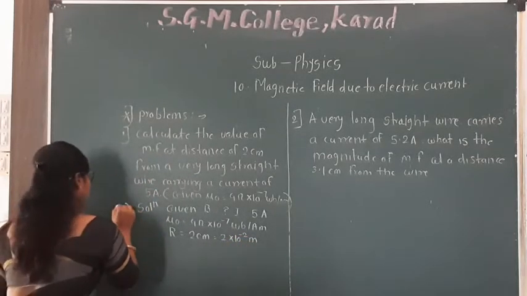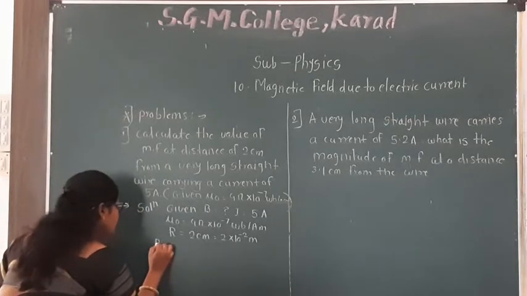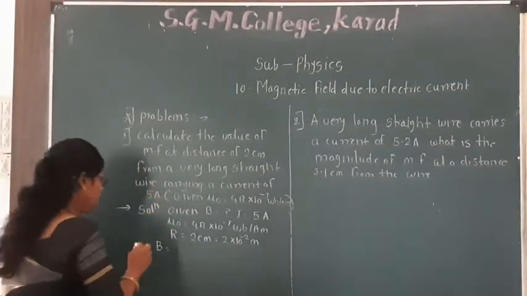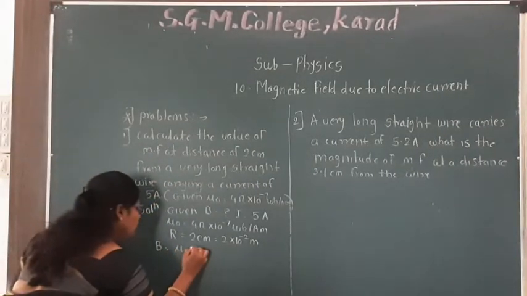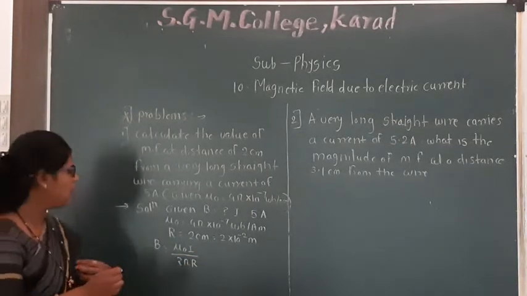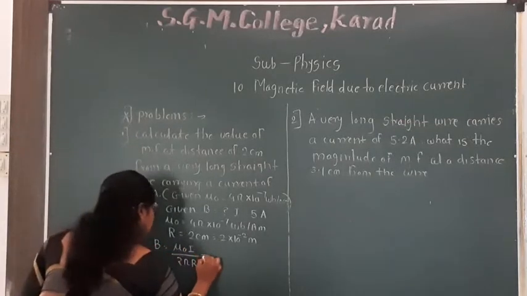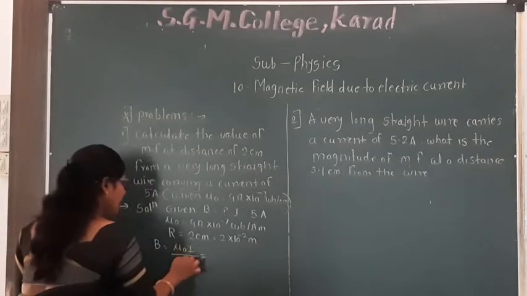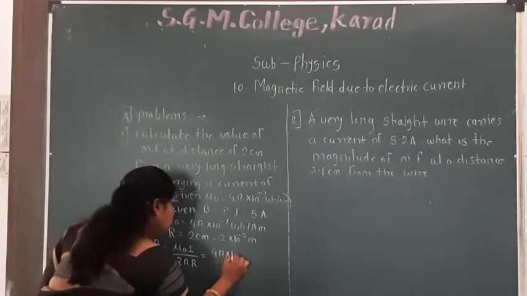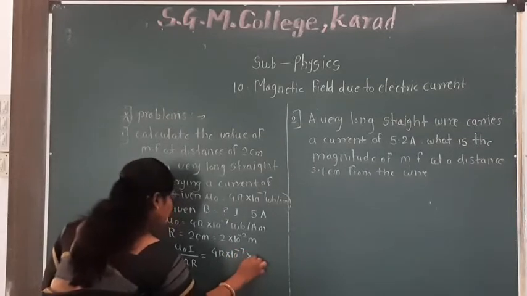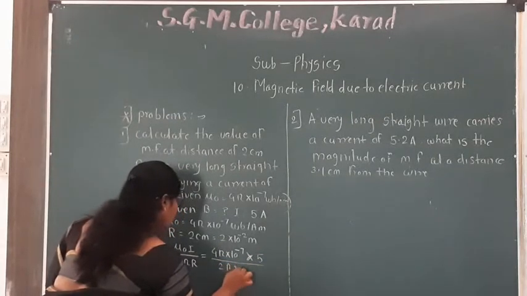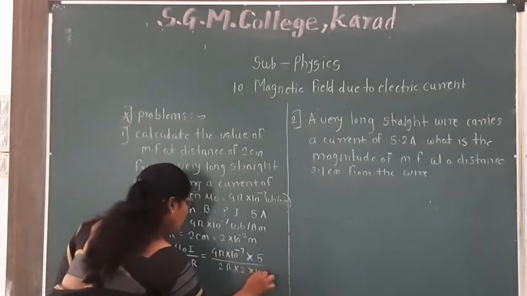Now we have to write the formula. Which formula do I have to write here? The long straight conductor formula: B is equal to mu 0 I upon 2 pi R. Now substitute the values of mu 0, I and R. The value of mu 0 is 4 pi into 10 raised to minus 7, into the current's value 5, upon 2 pi into R's value, 2 into 10 raised to minus 2.